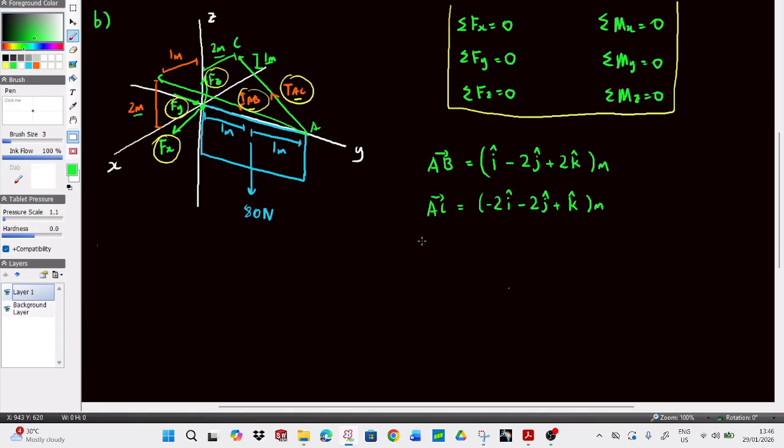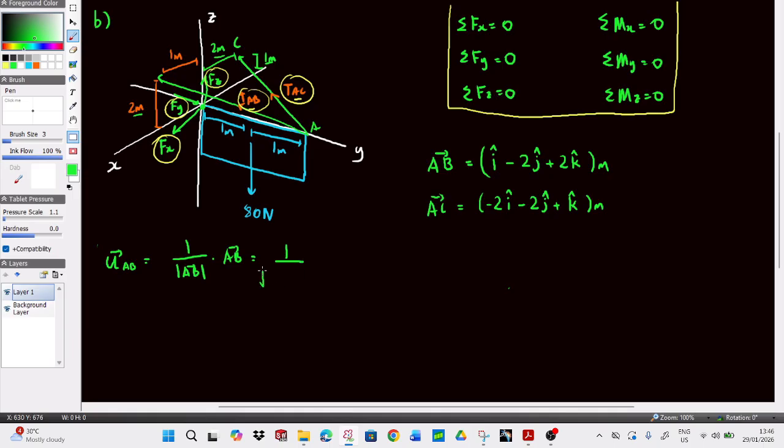Okay, so the unit vector of AB actually is pretty simple. So let me write it like this. The unit vector of AB, which I'll call UAB, is just 1 over the magnitude of AB multiplied with the vector AB itself. How do we find the magnitude?